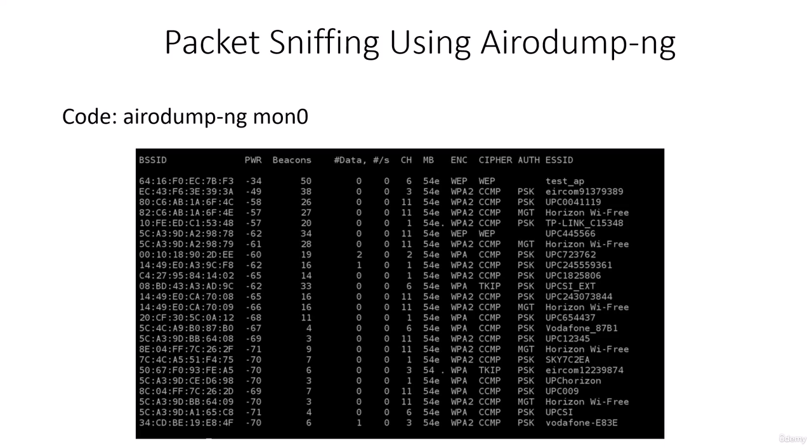So 0 data packets in the past 10 seconds. Channel is the number of the channel that the access point is broadcasting on. Each access point broadcasts on a certain channel, so that there is no interference between access points that are beside each other. Say for example, I have an access point, and there is another access point like 5 meters away from me.